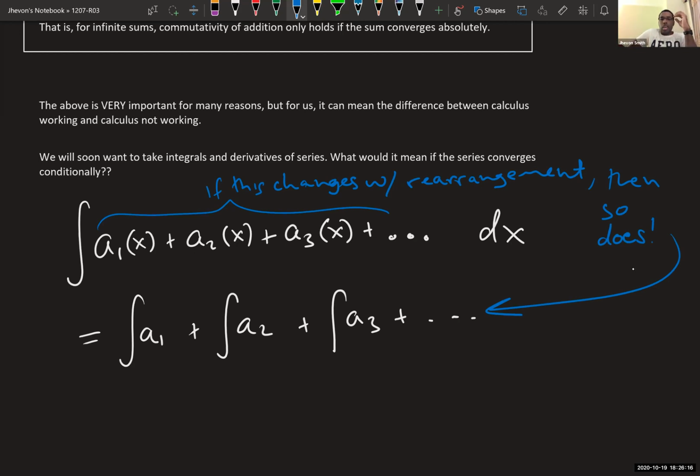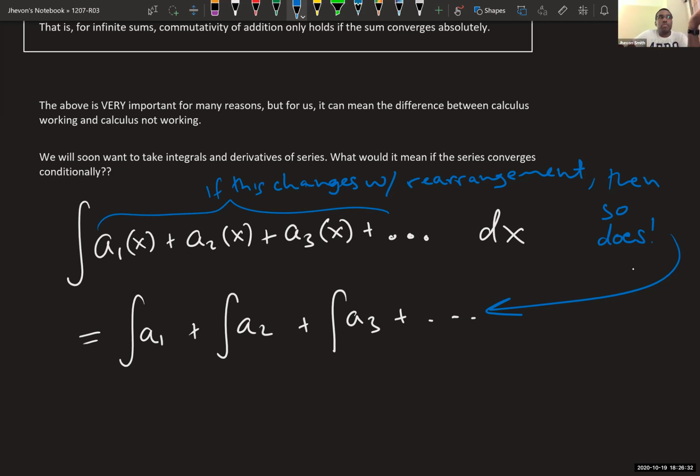So now, if I don't care about the order of my terms, I end up in a situation where, if I'm integrating a series, I have to worry about the order in which I'm integrating. And that shouldn't make sense.